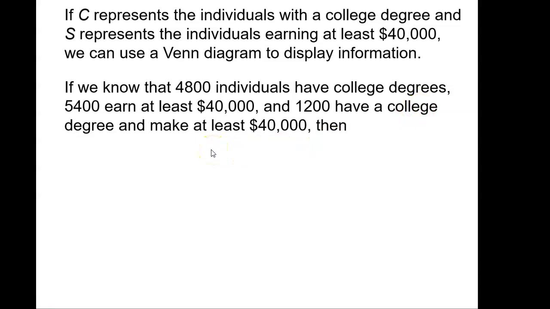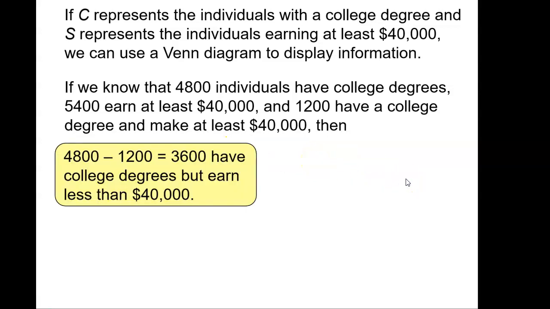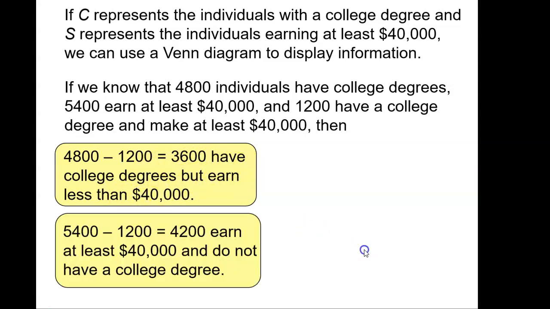Now, if we know that 4,800 individuals have college degrees, 5,400 earn at least $40,000, and 1,200 have a college degree and make at least $40,000, then we would take 4,800, which is the individuals who have a college degree, and then subtract 1,200 who have a college degree and make at least $40,000, which would give us 3,600. Therefore, 3,600 have college degrees but earn less than $40,000.